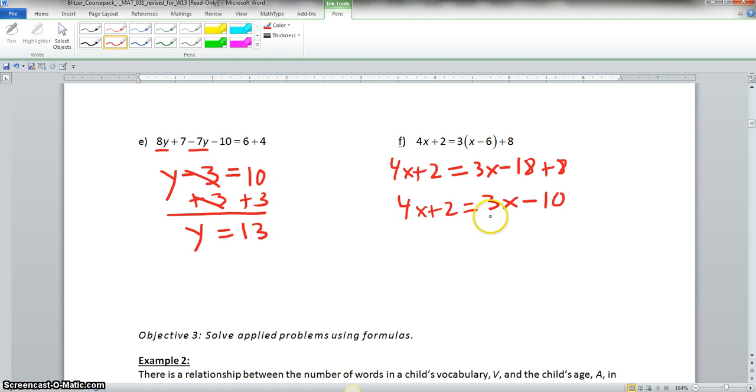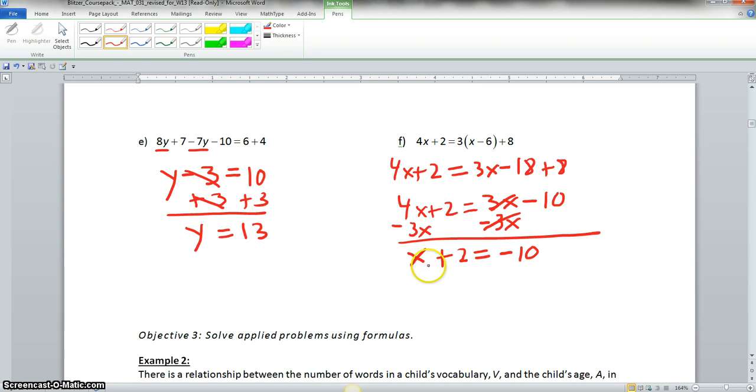Now we need to get all the x's on one side and all the numbers on the other side. So what we could do first is subtract 3x on both sides. Because remember, we need to take the opposite of this positive 3x. And 4x minus 3x is 1x, or you could just write x. Plus 2 is equal to, these 3x's will simplify out, and you'll bring down the negative 10.